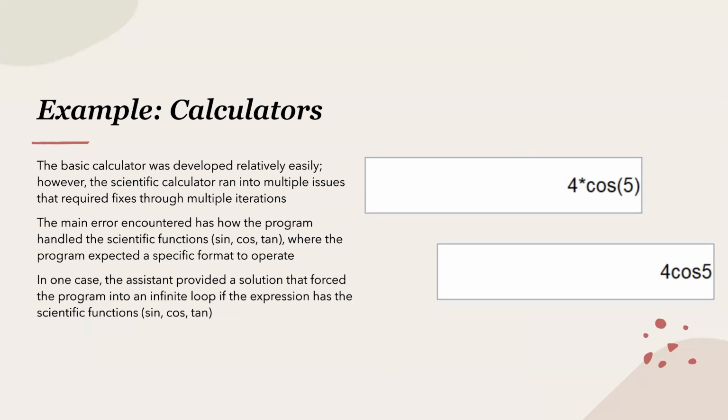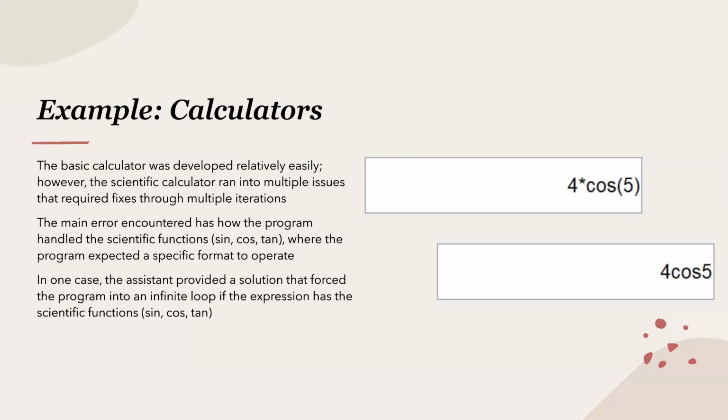The main error encountered was how the program handled the scientific functions sin, cos, tan, where the program expected a specific format to operate. So as we can see here, the program is expecting the operation to be formatted as this: 4 with the times symbol, and then cos, and then in parentheses the number with the cos.